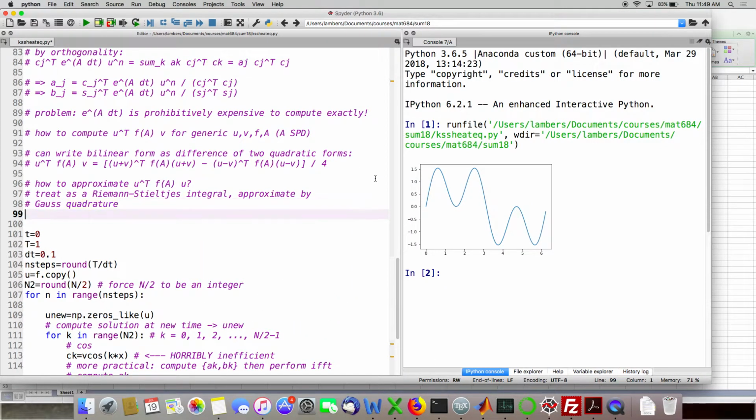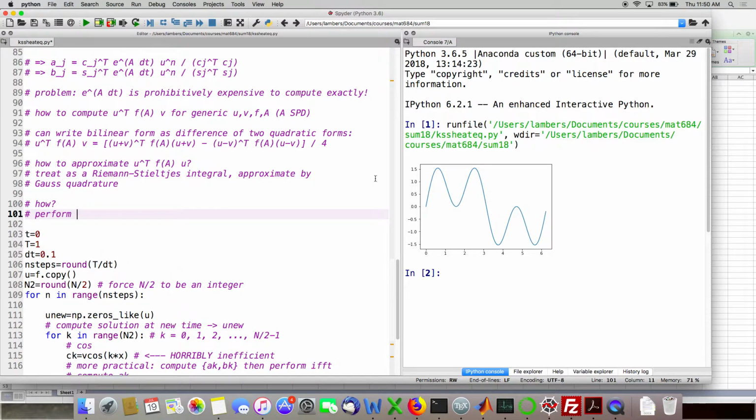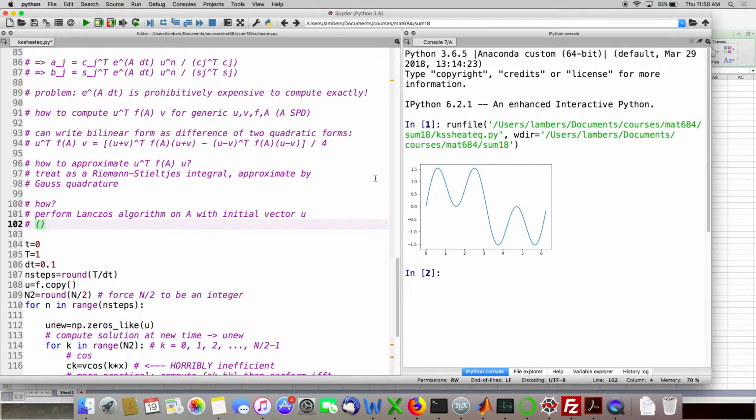I won't be able to go through all of the details, but just enough to be able to code it: perform the Lanczos algorithm on A with initial vector U, and we'll perform a certain number of iterations. I'll call that K, capital K. So that's something that will have to be implemented.